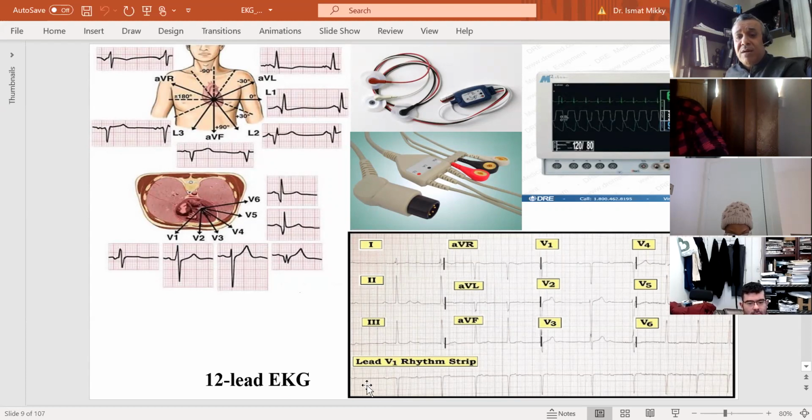You will also find at the bottom there is always one lead running too, which most of the time is lead 2. But here they adopted V1. As I said, some hospitals adopt V1 or modified chest lead 1, MCL1, which is this one, but it's a modified one.